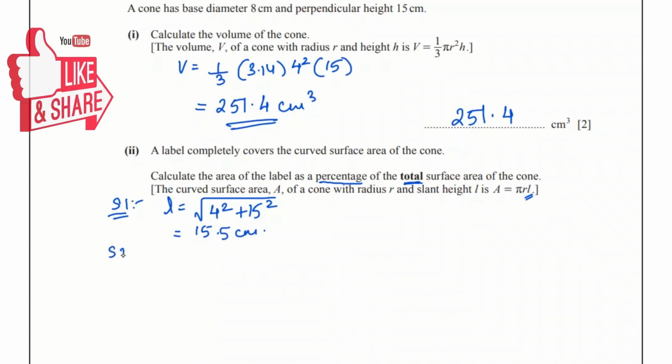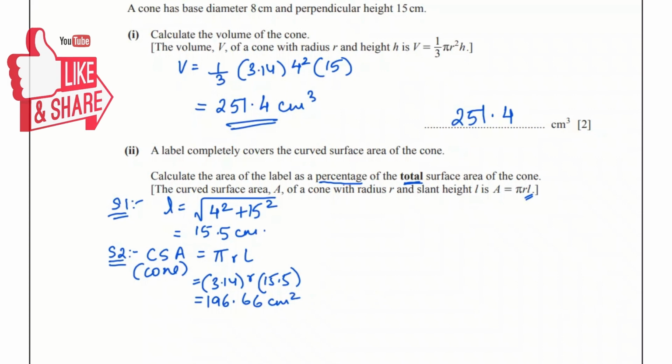Then step 2, the curved surface area of the cone, which is pi r L. So 3.14 into 4 into 15.5, which gives 196.66 centimeter square.